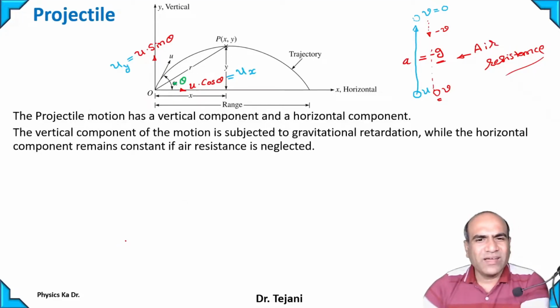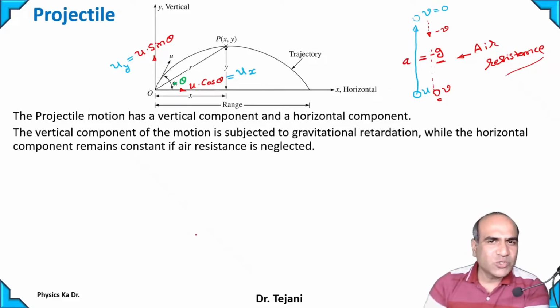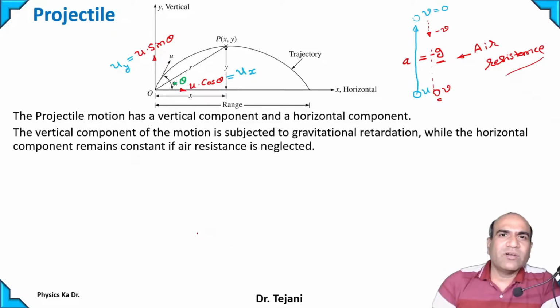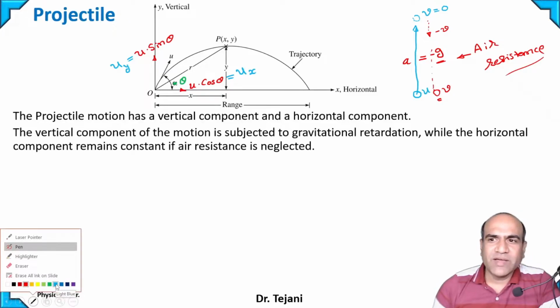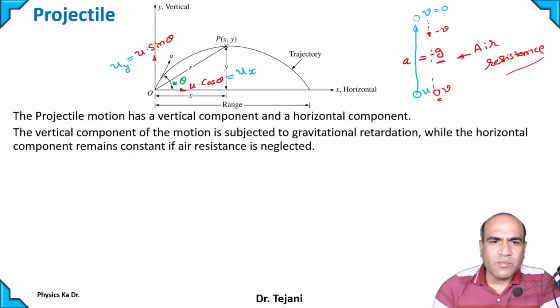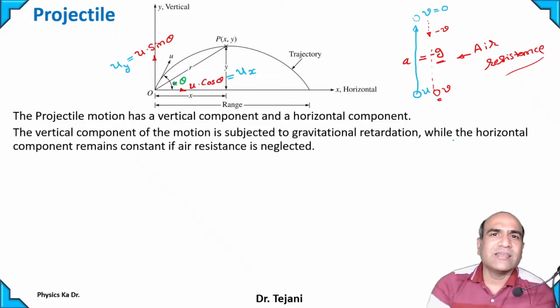The effect of air resistance is negligible for most components, and therefore for the basic study it is not required to consider everything. Otherwise, the study will be very complex. So the vertical component of motion is subjected to gravitational retardation, but the horizontal component does not have any resistance, as air resistance is neglected.